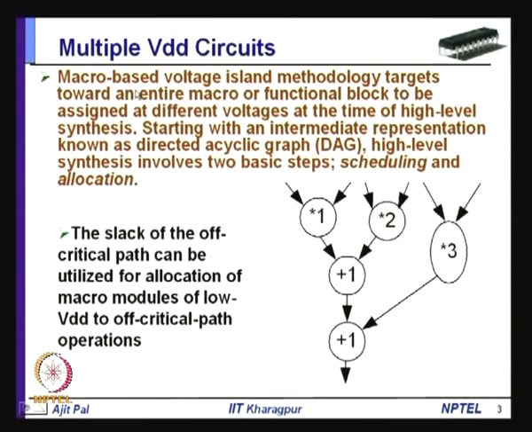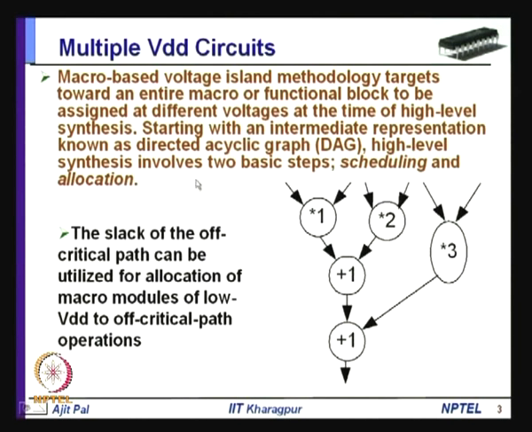First, let us focus on the macro based voltage island methodology. Here, it targets an entire macro or functional block to be assigned different voltages at the time of high level synthesis, starting with an intermediate representation known as directed acyclic graph, DAG.